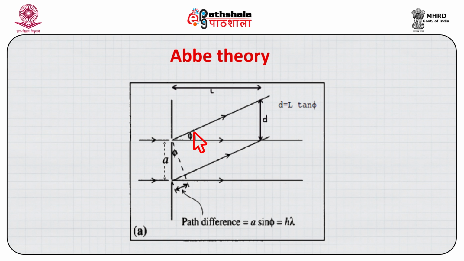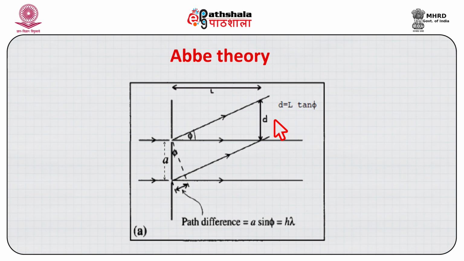The diffraction is leading to formation of image at some distance. This is what we obtain in X-ray diffraction. The distance between where the light is getting diffracted and where the image is forming is mentioned as capital L here. The distance between the images of the two openings is marked as D in this.